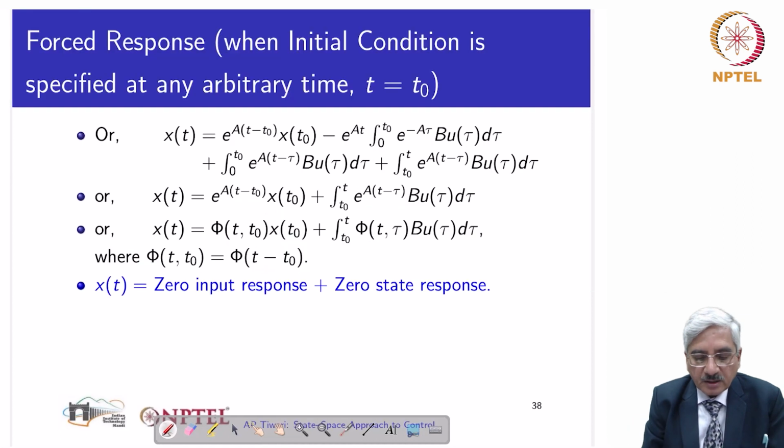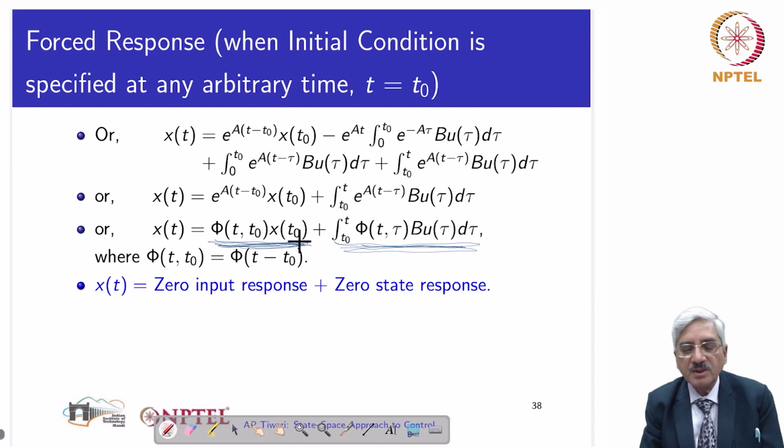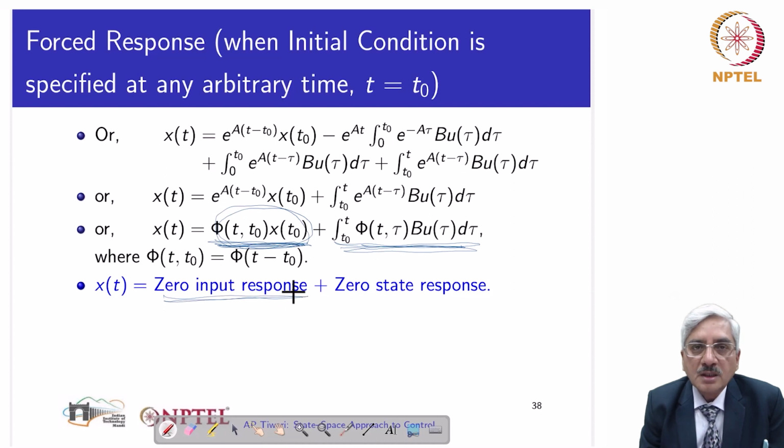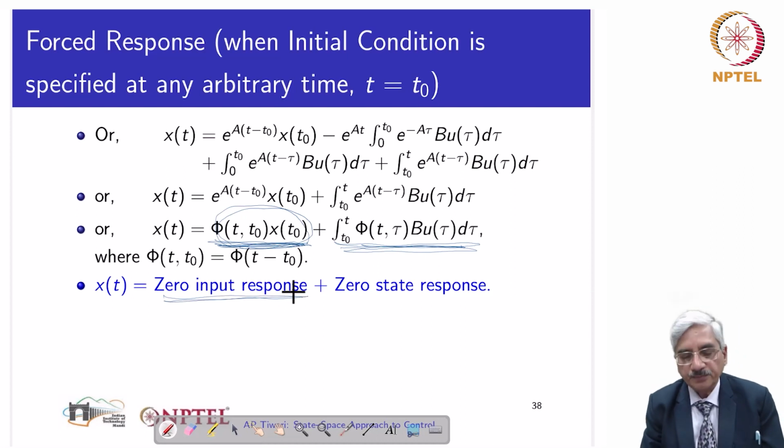So this part, we see carefully. In this, the input doesn't appear, and in this part we see that the initial state doesn't appear. This first part, in which the input doesn't appear, makes one component of the solution and is called the zero input response, the response of the system in the absence of applied input.